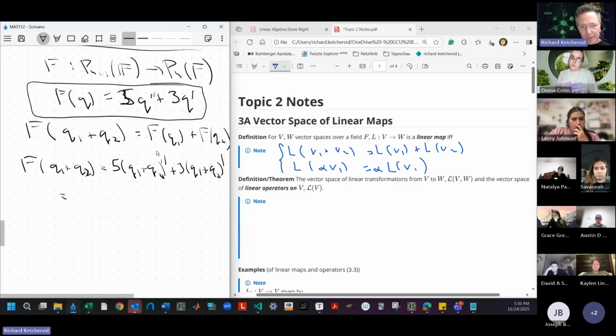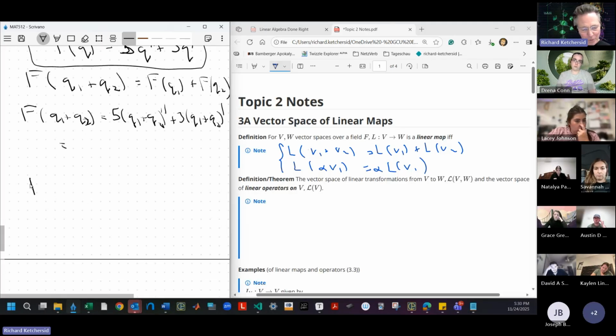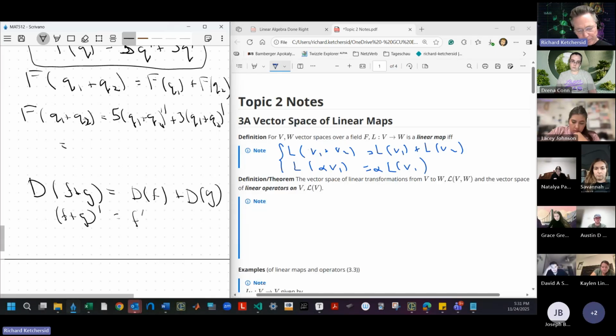Q1 plus Q2 double prime, that's the same as Q1 double prime plus Q2 double prime, right? Because differentiation is a linear function. That's one of the things we teach in calculus classes, that d of f plus g is df plus dg. Or if you like, f plus g prime, I'm trying to make it look like an operator, is f prime plus g prime.